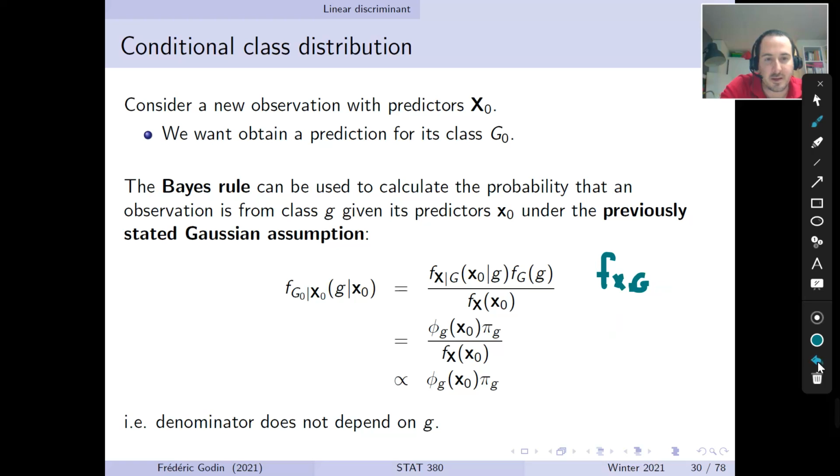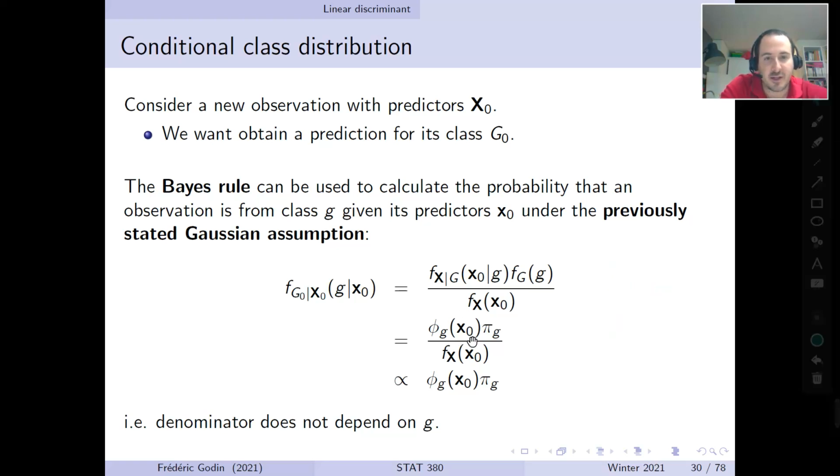The first expression, f of x given g, is phi g of x0, the normal distribution with mean vector mu g and covariance matrix sigma. And the mass function of the class evaluated at g is pi g, the unconditional probability of being in class g.